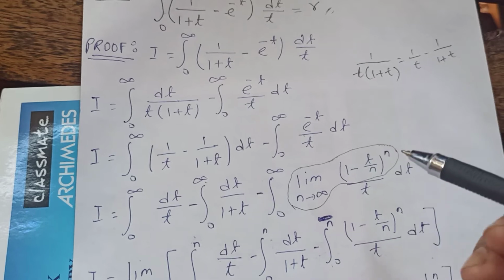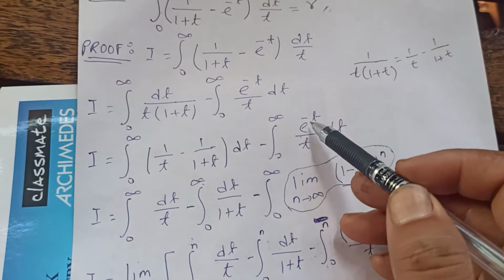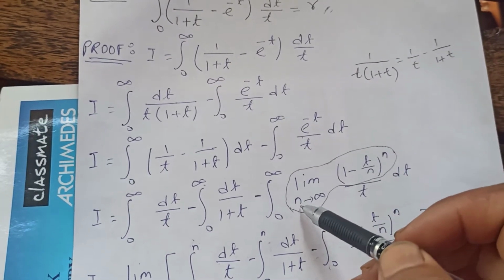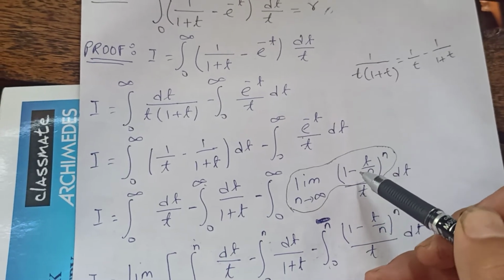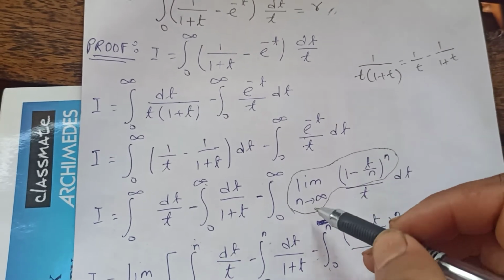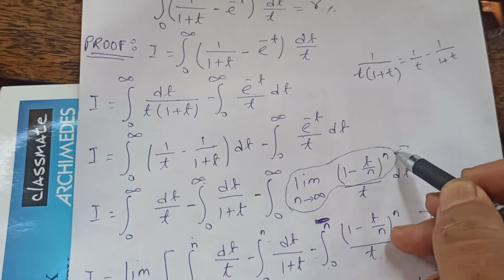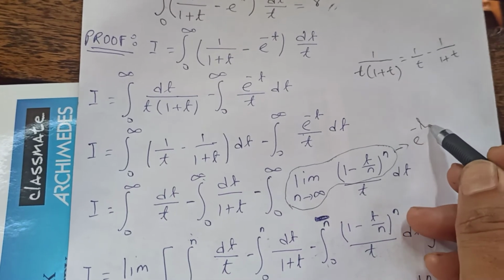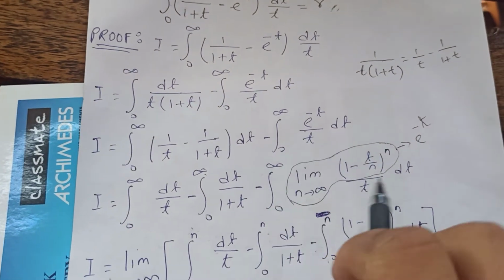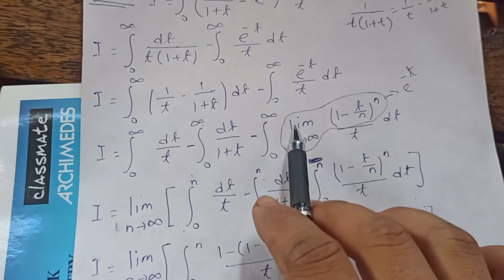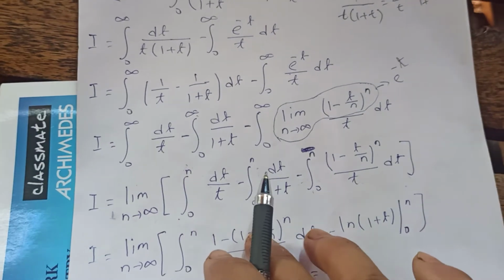Now the limit representation of e^(-t) is the limit as n tends to infinity of (1 - t/n)^n. This is the limit representation of e^(-t), divided by t, dt. Now let's take this limit outside the integral.